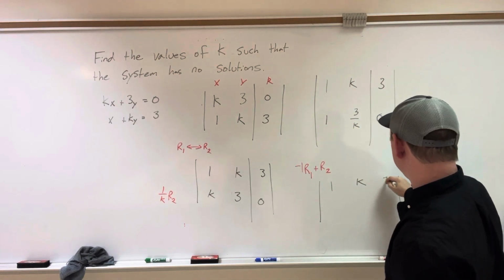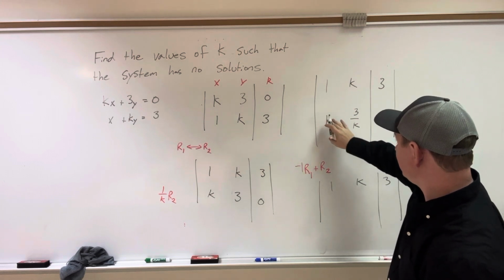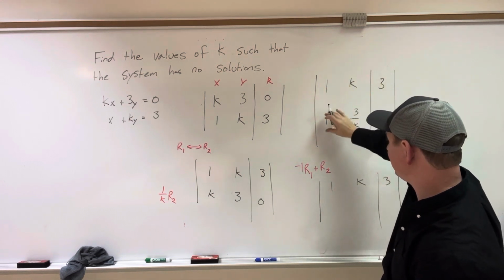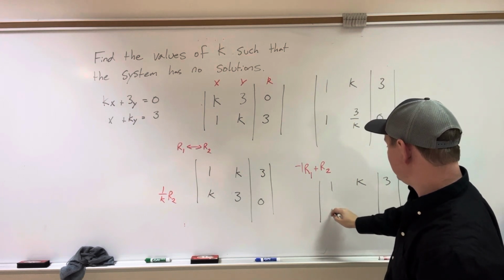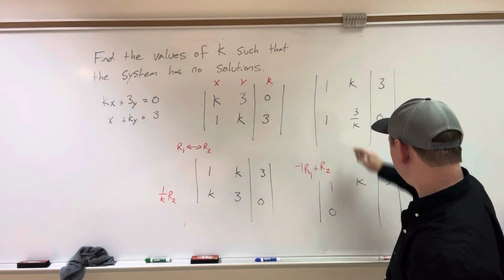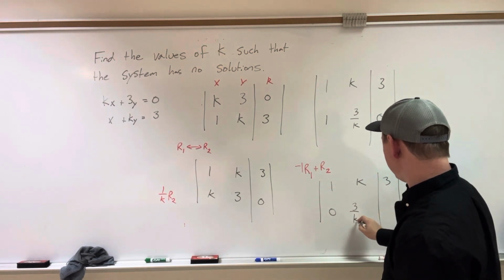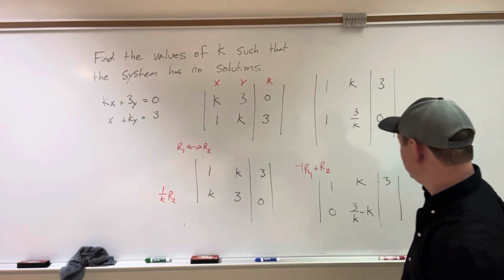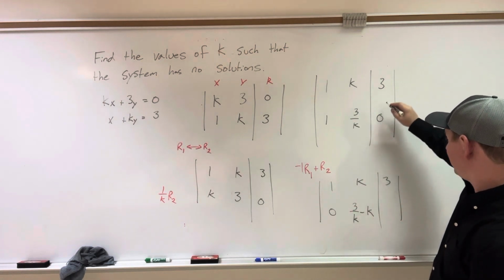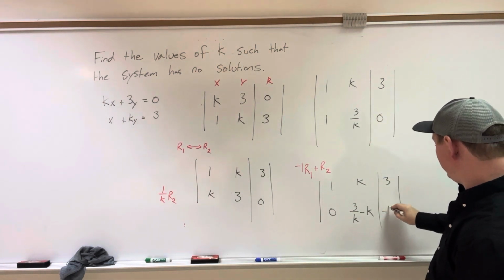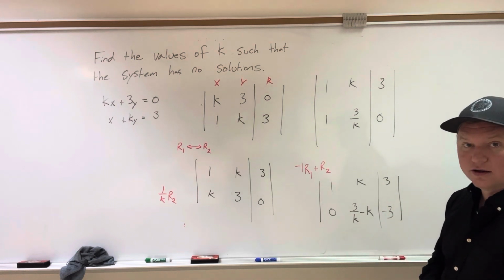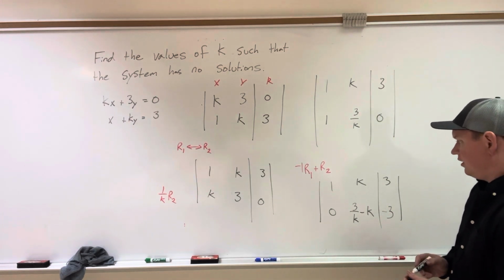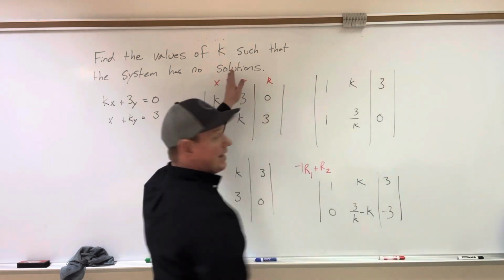this guy will come in as normal, unaffected, but then this guy, if I have this one multiplied by negative 1 and I add here, this is going to give me a 0. Then we're going to have a 3 over k minus k, and then we'll have a negative 3 right here, okay? And we are looking for a system that has no solutions.